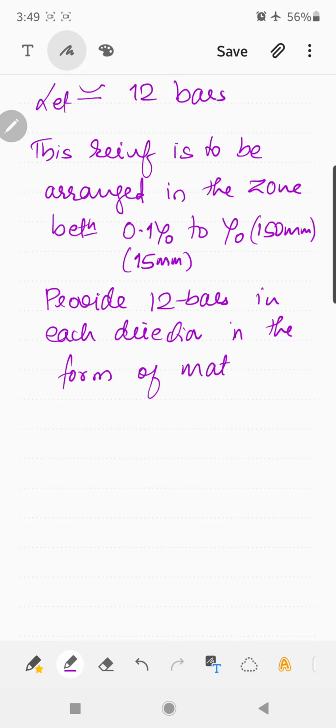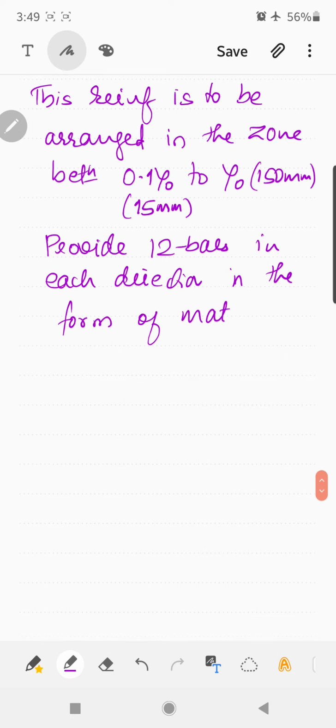You should think whether to provide 3 meshes or 4 meshes, and how many bars in each. You can provide 4 bars along each direction in one mesh, so that you get one mesh. Like this you provide 3 meshes, so that you get a total of 12 bars in x as well as in the y direction.